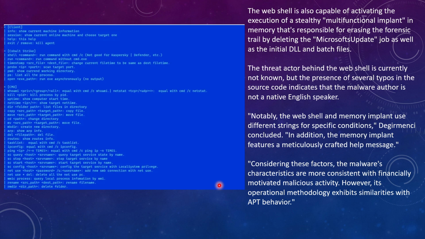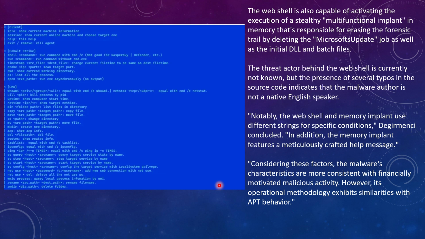The threat actor behind the web shell is currently not known, but the presence of several typos in the source code indicates the malware author is not a native English speaker. Notably, the web shell and the in-memory implant use different strings for specific conditions.